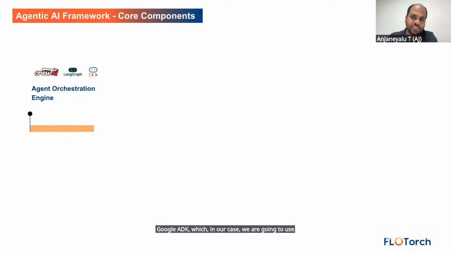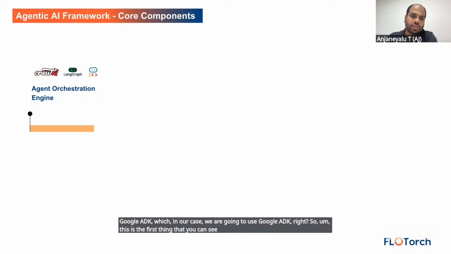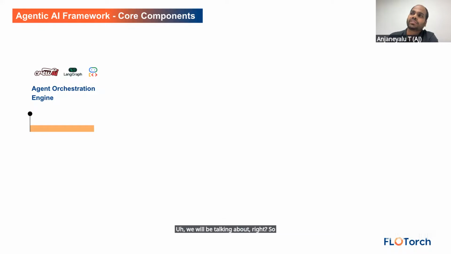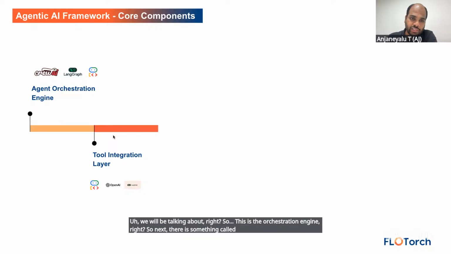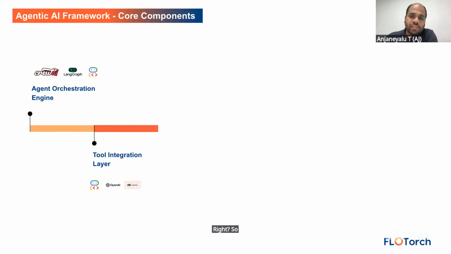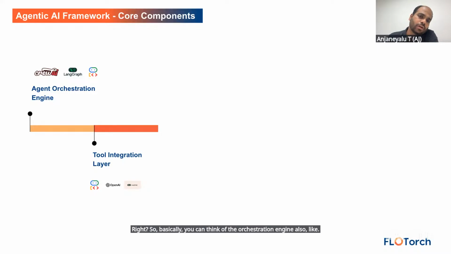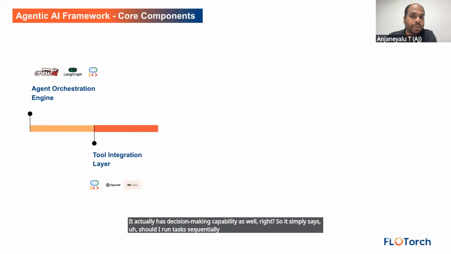The orchestration engine also has decision-making capability. It decides whether to run tasks sequentially or in parallel, and whether agent A should hand off to agent B. All of those things can be handled by your agent orchestration engine.